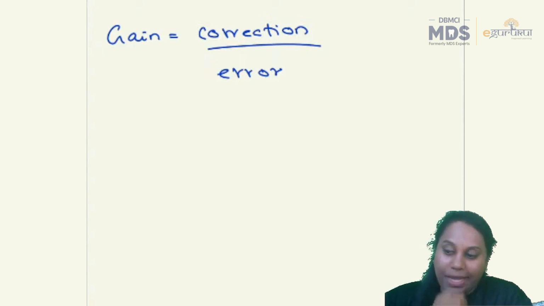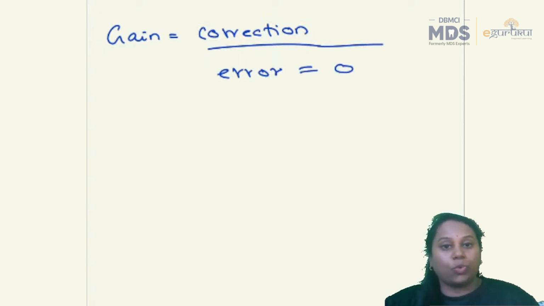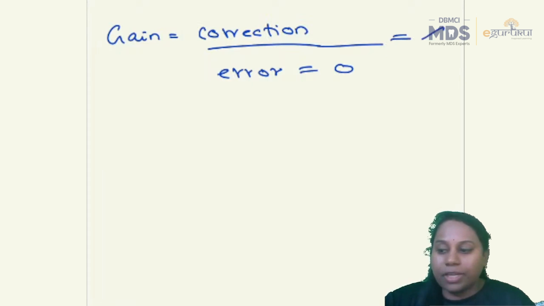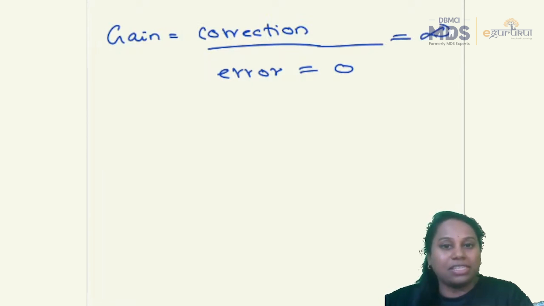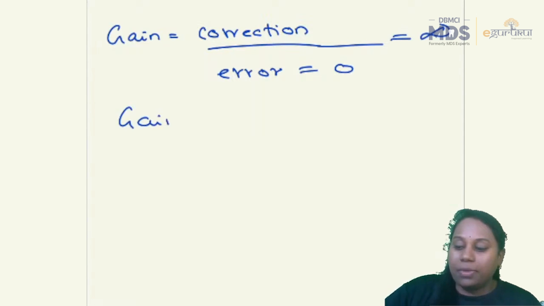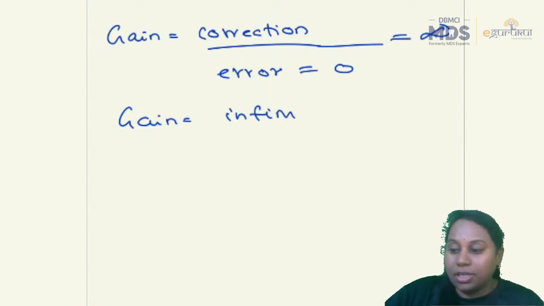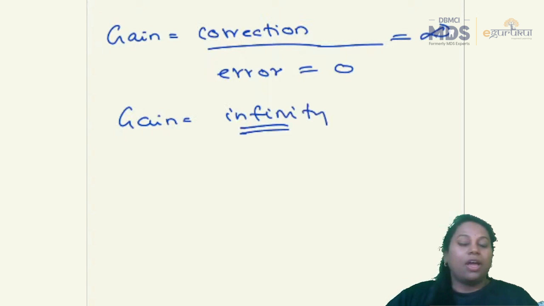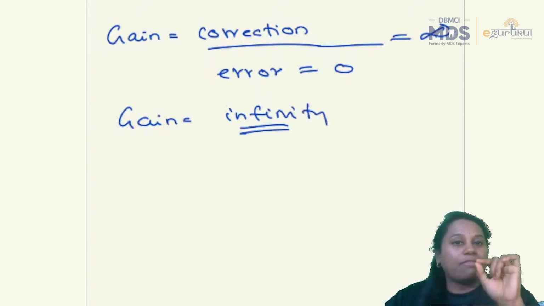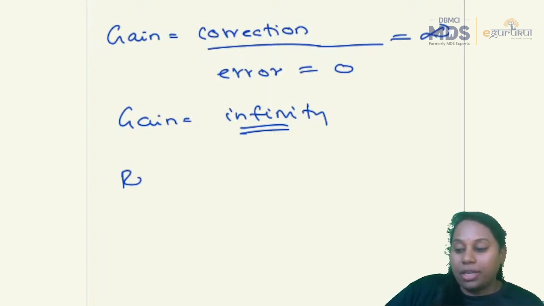Now let's say in any case the error is 0. The system has not left any error. 100% it's functioning. Anything divided by 0, what is the answer? Infinity. If error is 0, then gain becomes infinity. Which is the only system that will have no error? Renal regulation of BP.